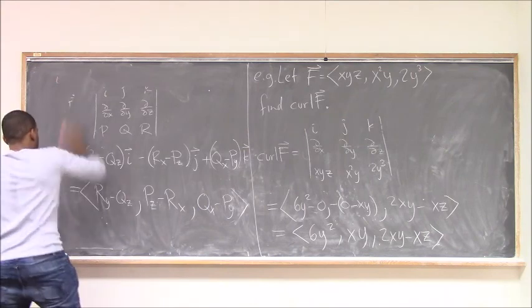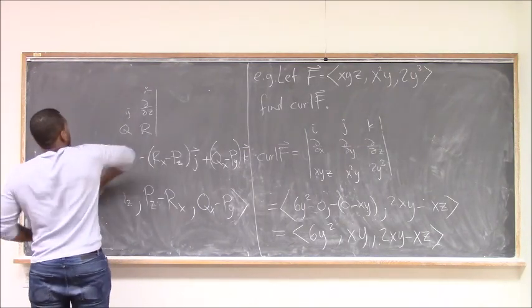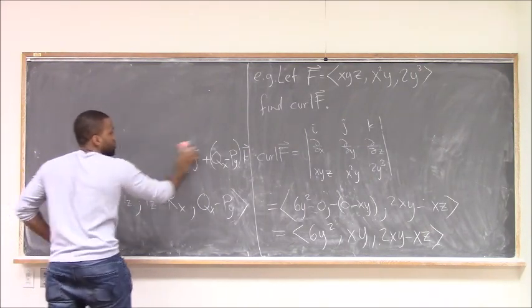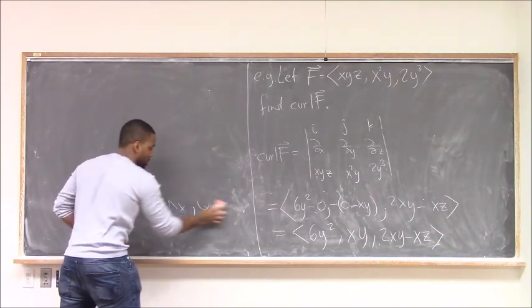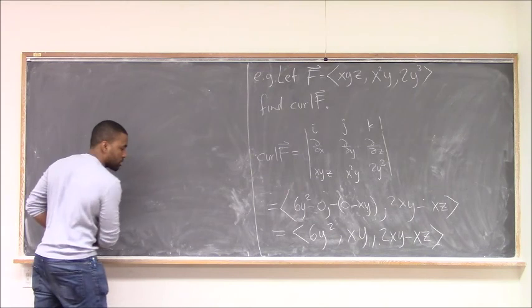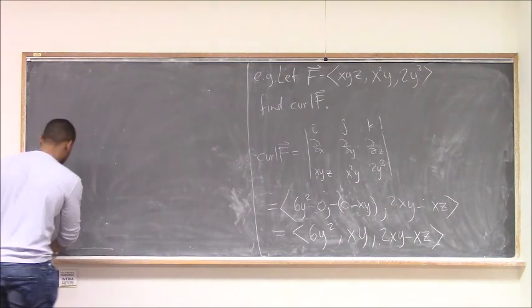One thing to point out, you might remember this from Calc 3, but you can only take cross products for 3D vectors, right?